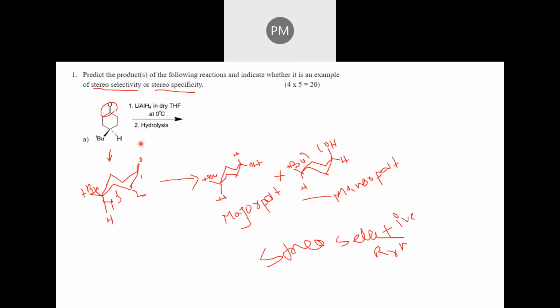So any carbonyl center, with any hydride source like lithium aluminum hydride or NaBH4, will be attacked and made into a secondary alcohol. And if it is an aldehyde, acid or ester, it will become a primary alcohol.